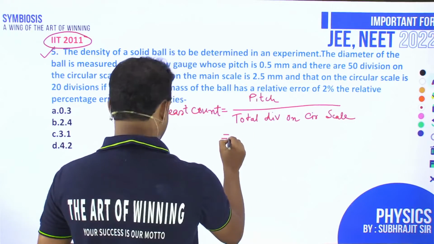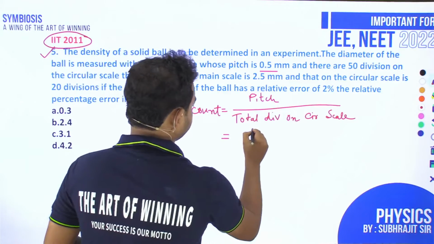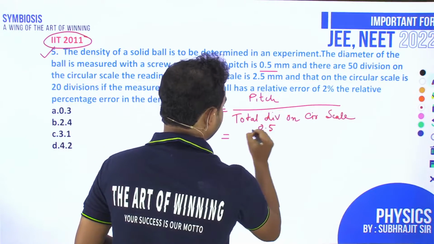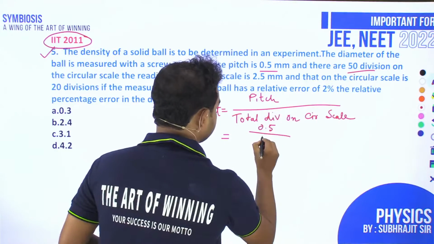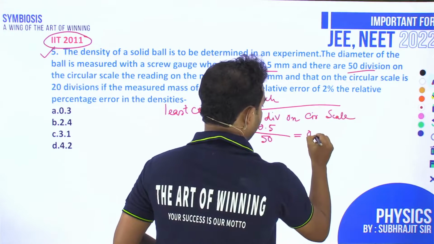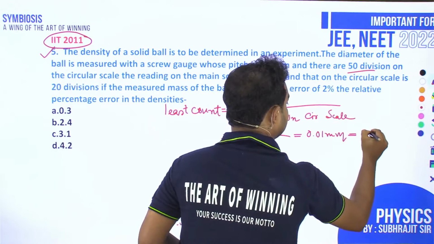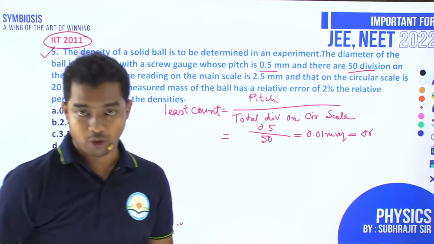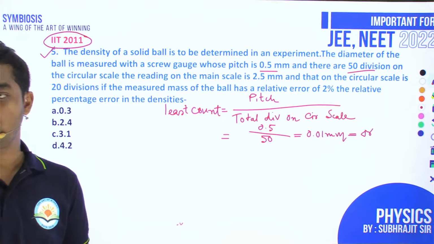The pitch is 0.5 divided by total divisions on the circular scale, which is 50. So we find 0.01 millimeter. That is also del R. We already have the value of del R, the least count.